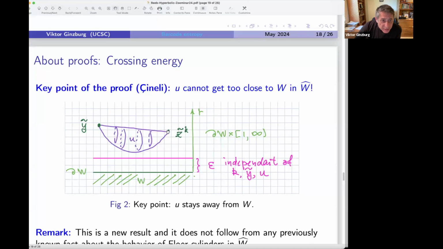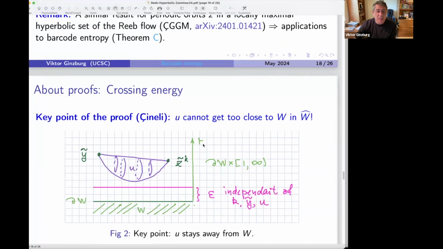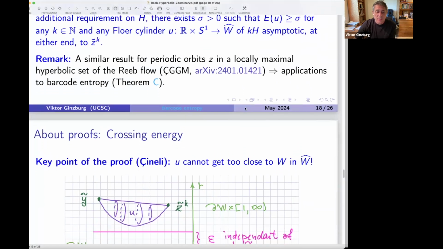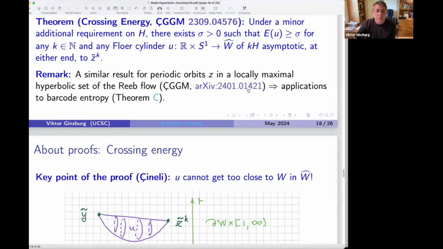The entire cylinder of this orbit is an invariant set, so it's never isolated. And I'm looking at Floer trajectories which are asymptotic to it. And we claim that the energy of any such trajectory is bounded away from zero by some universal constant, which depends only on Z and H.